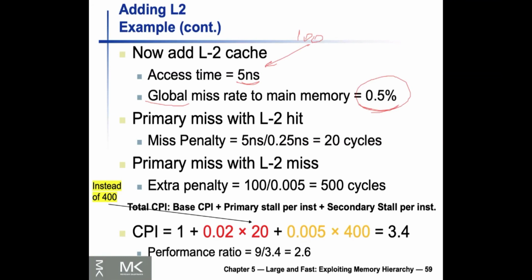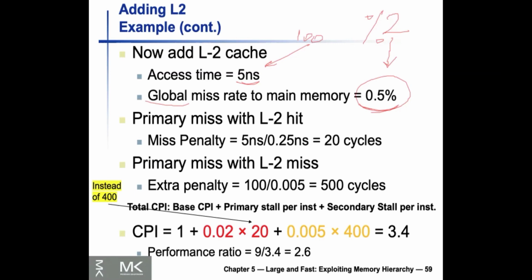Remember, 2% of the time your L1 missed. Now by adding L2, overall, you have 0.5% misses. That means that the rest of the time, L2 could catch or hit those misses of L1.